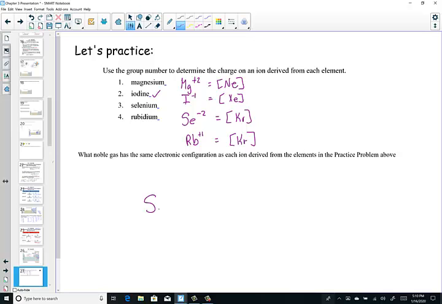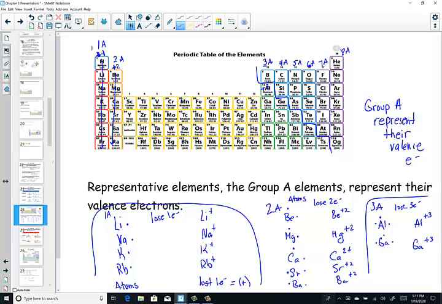Something interesting, selenide, Se -2, and krypton, and rubidium with a +1 are all isoelectronic. They all have the same number of electrons. How many is that? Well, krypton has 36 electrons.